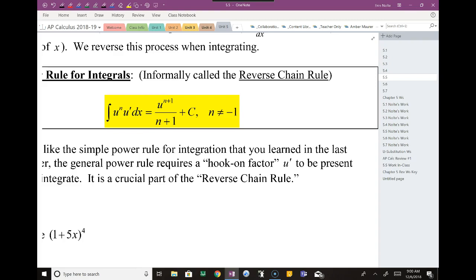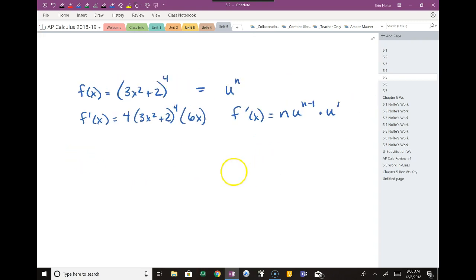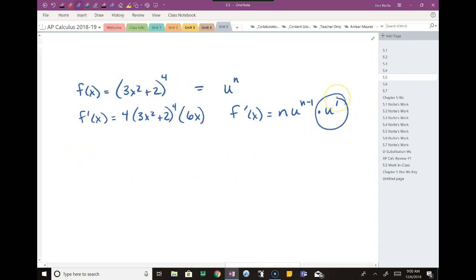If it was here and then it was gone, how do we get rid of stuff? How would we cancel it? We divide by it. In the derivative rule, we multiplied by the stuff. When we integrate, we divide by the stuff.